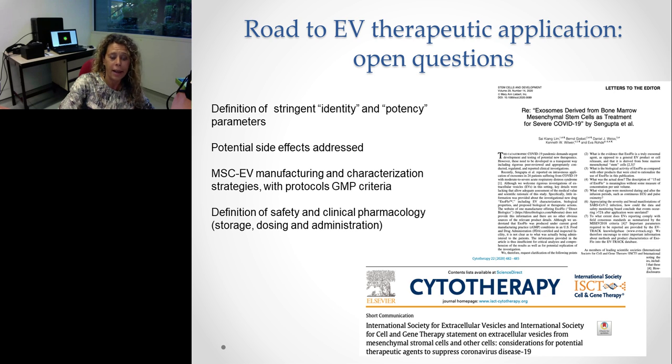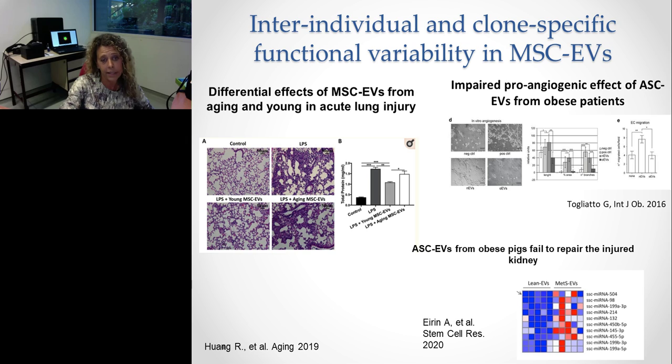So aging and young mesenchymal stromal cells may produce effective or non-effective EVs, as has been shown in several preclinical data. And also EVs from diseased patients, such as obese patients, might have strong differences with respect to EVs from cells obtained from normal patients. So there's still a long way to go.